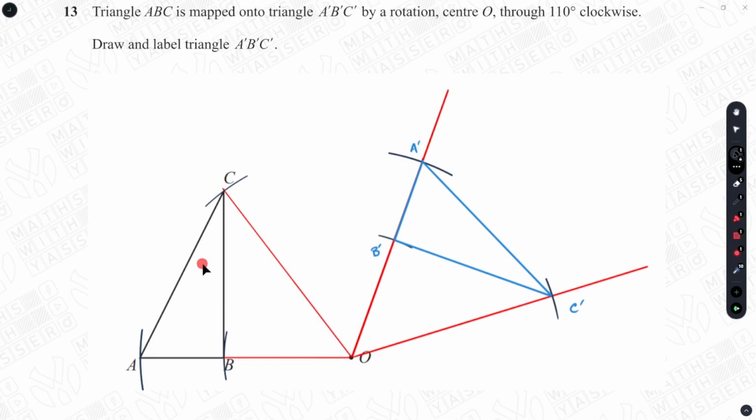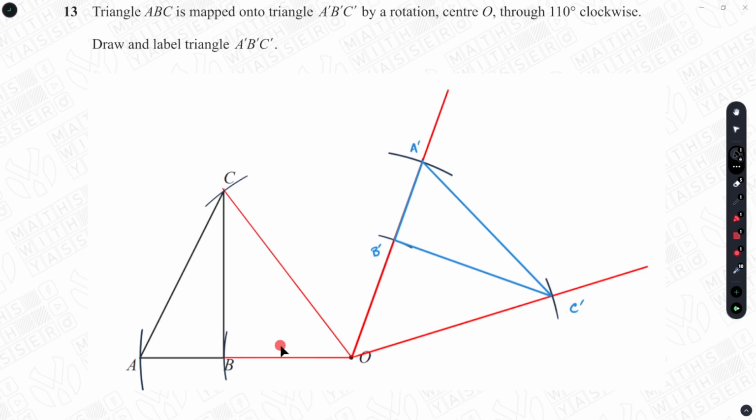In order to draw this diagram, we first found 110 degrees from this center and we placed the protractor along the red line and we got this line to be 110 degrees.